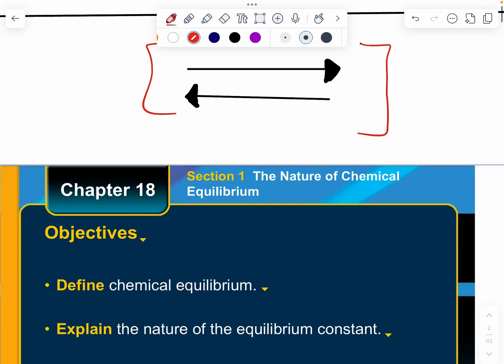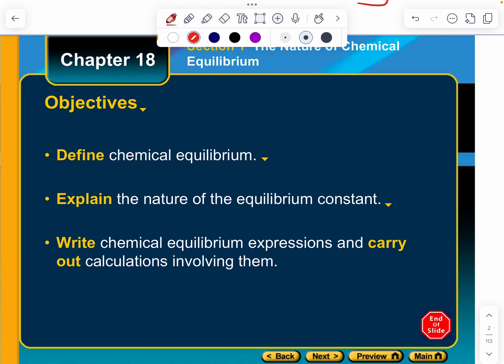Let's go. Our objectives for today: one, defining chemical equilibrium. What is the meaning of chemical equilibrium in the language of chemistry? Then we should explain the nature of the equilibrium constant, because for any chemical equilibrium we have something called the equilibrium constant.